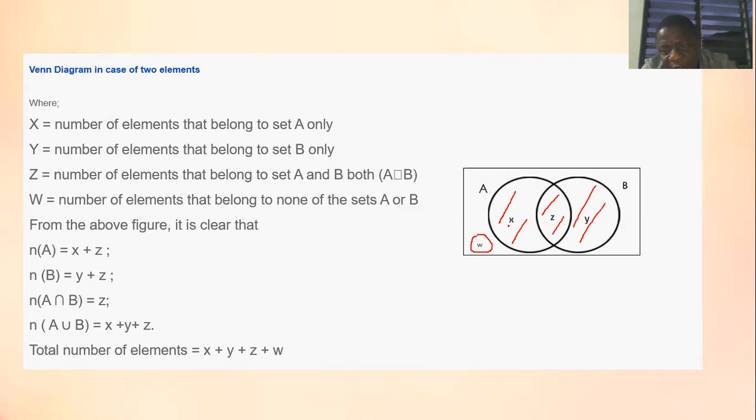This implies that X, Z, and Y plus W should give us all the elements that should go into the rectangle. And that's what we see here.